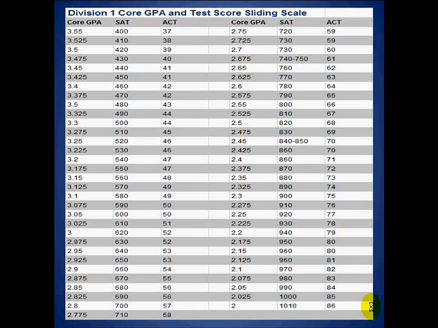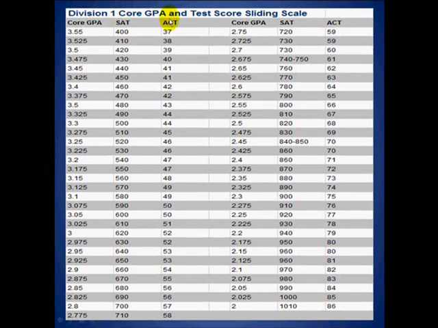It really doesn't affect too much as far as the higher level, 3.5 and above. It really doesn't matter because the ACT score is so low that it's very impractical for somebody to have a 3.5, 4.0 GPA and to make that low of an ACT score. Because as you see, this 37, that's actually averaging below a 10 on all aspects of the ACT. It really starts affecting you when you get below a 3.0.